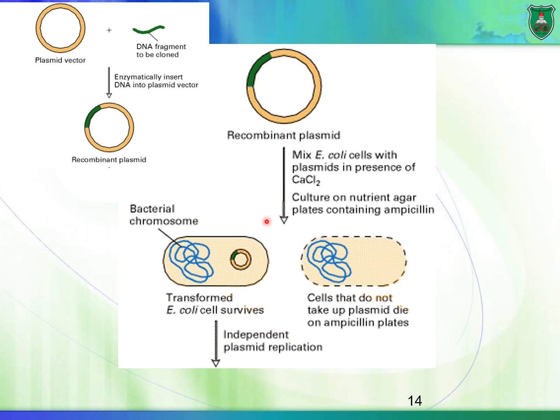In order to select for the bacterial cells that have a plasmid. Bacterial cells that do not have a plasmid would die because of the antibiotic. They cannot replicate or grow anymore. But bacterial cells that have the plasmid are resistant. They have the gene that makes them resistant to the antibiotic.